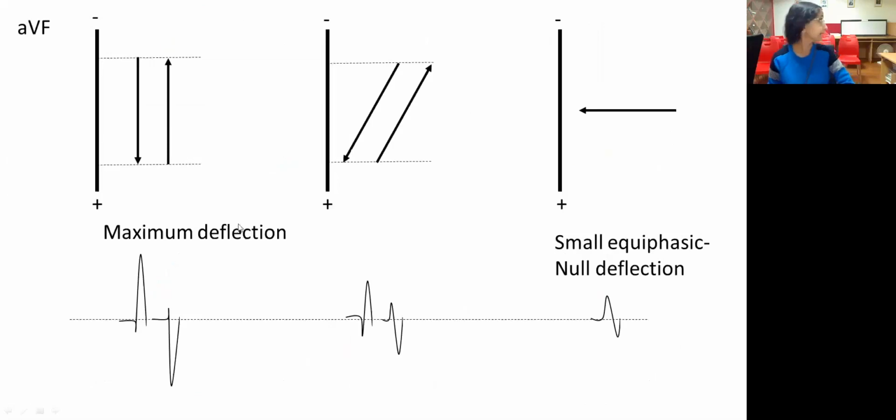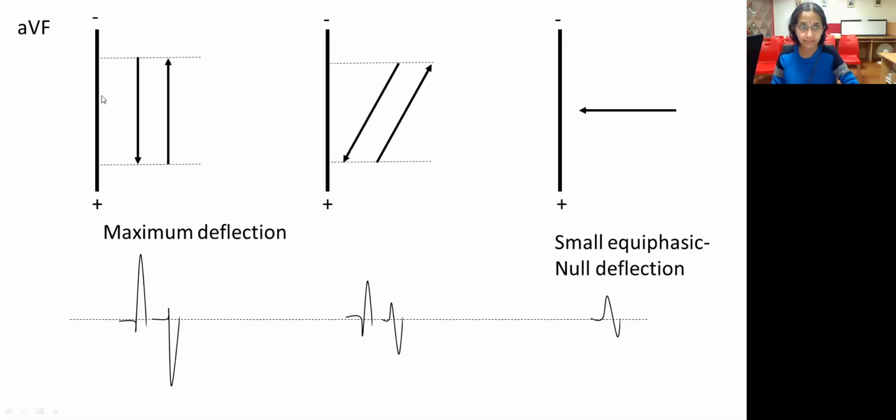So as we understand, if we have a maximum deflection in a particular lead, then you are going to have either a positive or a negative maximum amplitude in that lead. For example, if this is AVF, which is positive here, and you have a QRS axis which is upright in AVF, then you're going to have this sort of QRS complex and your axis is towards AVF.